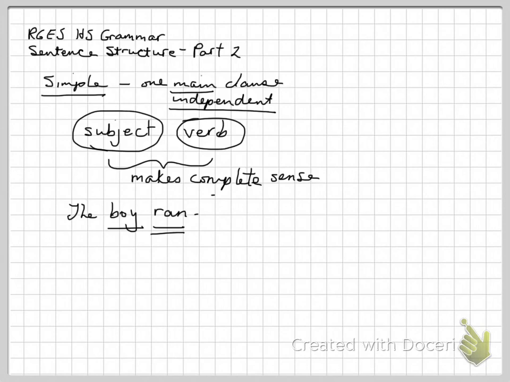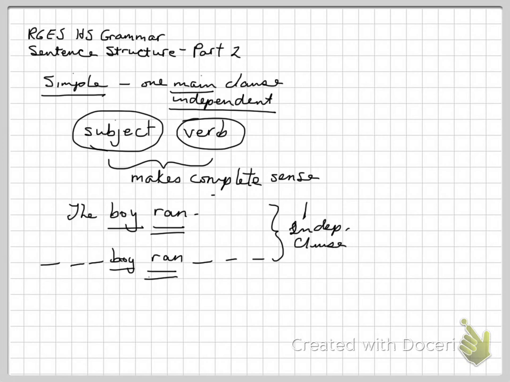And I'm not going to write all of that, but still the subject is boy and the verb is ran. It's the little boy ran around the block. Still, one subject, one verb, one independent clause. That's a simple sentence. It does not have to do with length. It has to do with the content of the words.